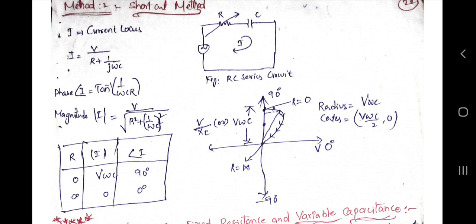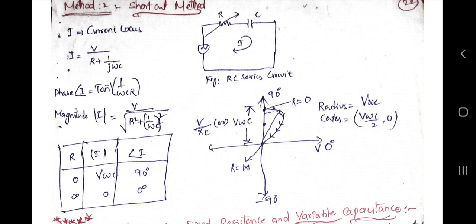The angle of the current phase is the tan inverse of 1 by omega CR. The magnitude, as we did in the RL circuit, in a similar way we find the magnitude I, which is the ratio of V to the total impedance, so the square root of R square plus 1 by omega C whole square.